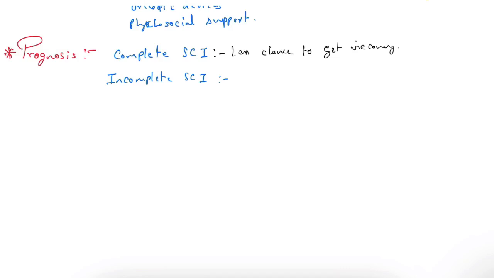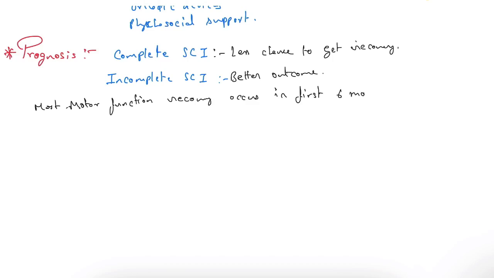Okay, it's very difficult. In incomplete spinal cord injury, we can bring it to a better outcome, but not the same as normal people. Okay, next one, most motor function recovery occurs in the first 6 months.